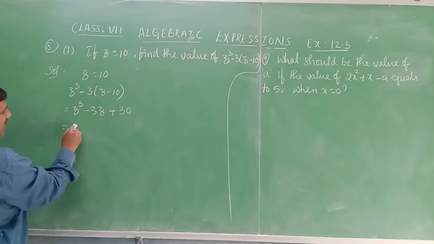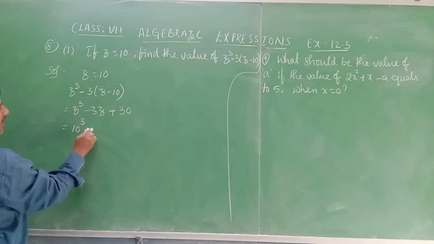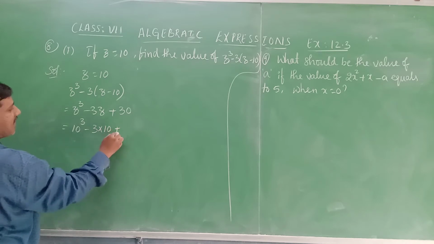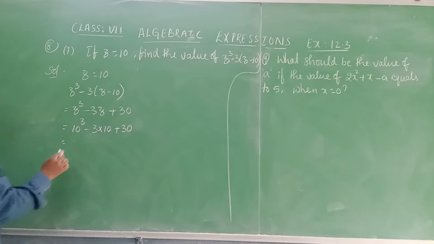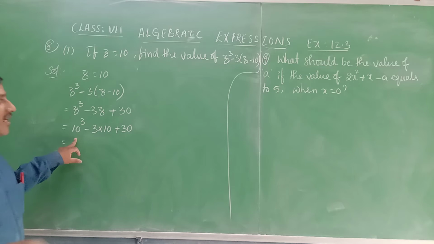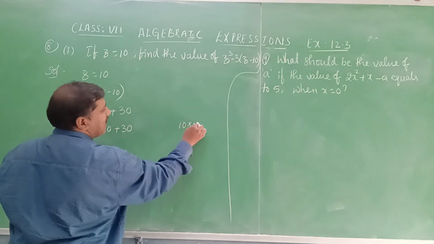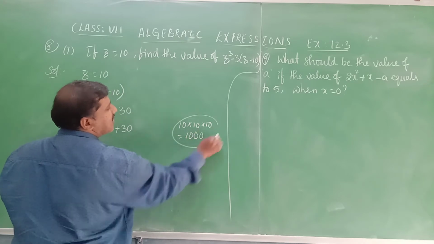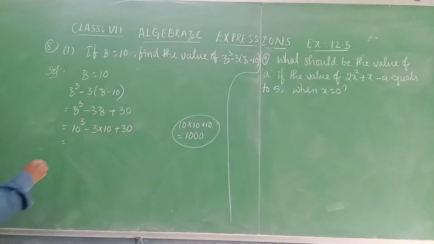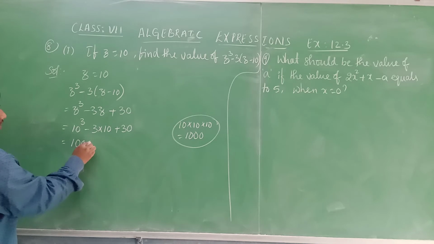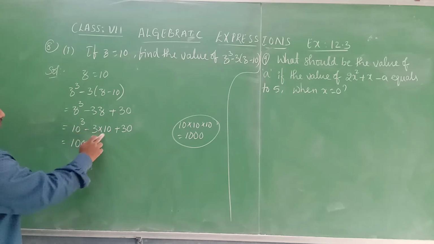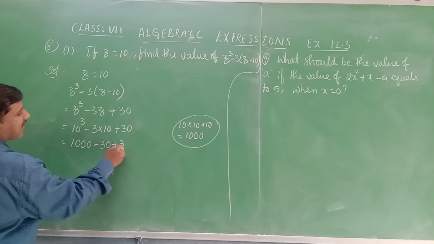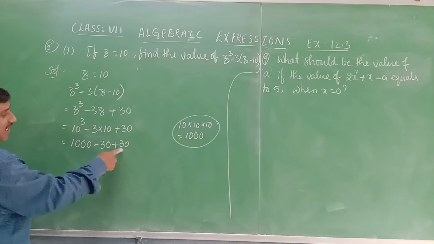Z cube means it is 10 cube minus 3 into z, that is 3 into 10, plus 30. Now simplify 10 cube. 10 cube means 10 into 10 into 10, how much? 1000. So 1000 minus 3 into 10, that is minus 30 plus 30.